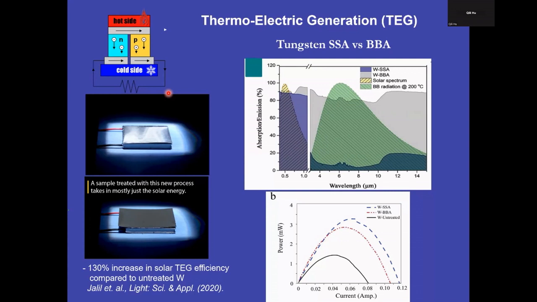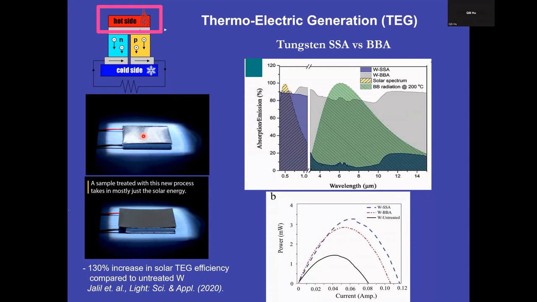On the other hand, I think this audience should understand Kirchhoff's law tells us a good absorber is also a good emitter, right? So you also emit the heat well. So we can have a good absorber on the hot side and also a good emitter on the cold side. All right, so that's what we have.